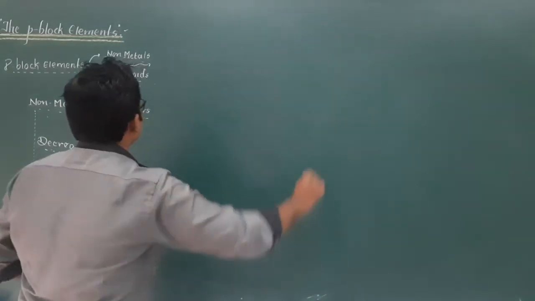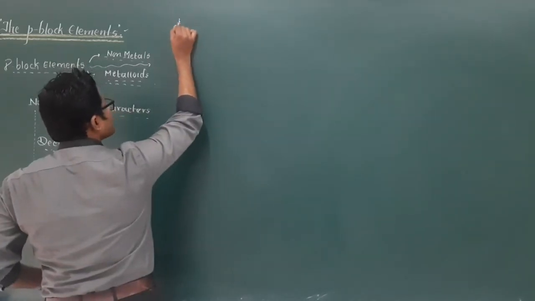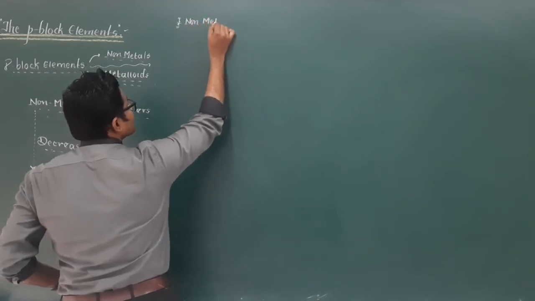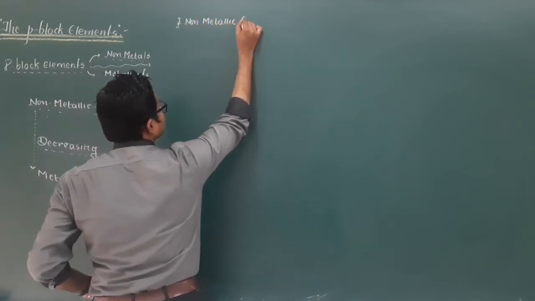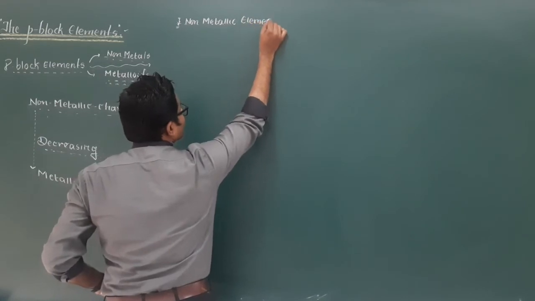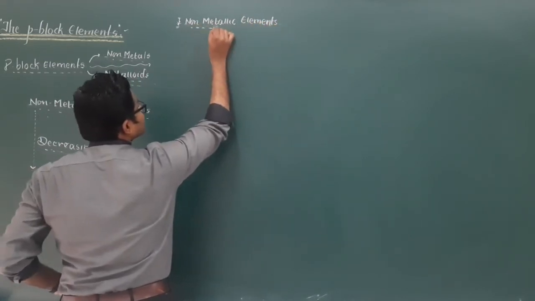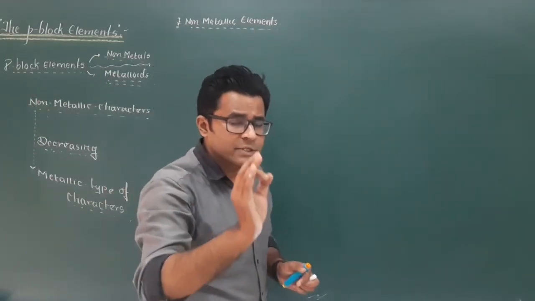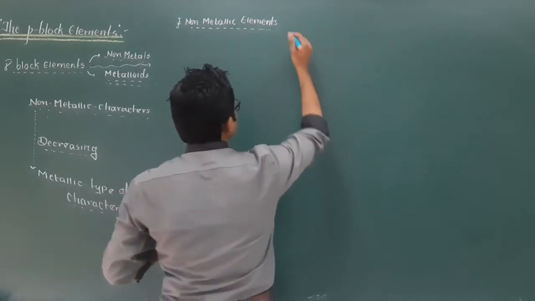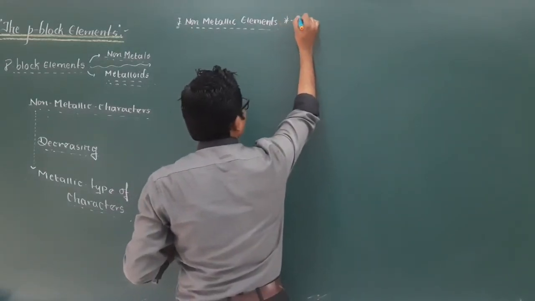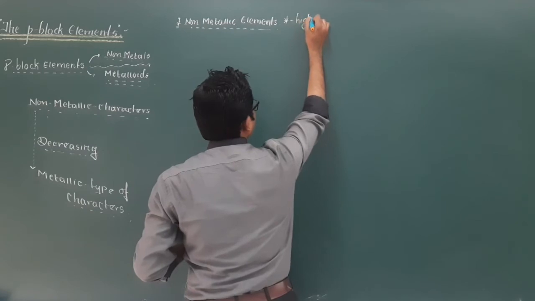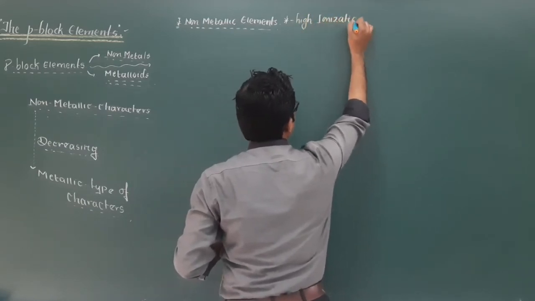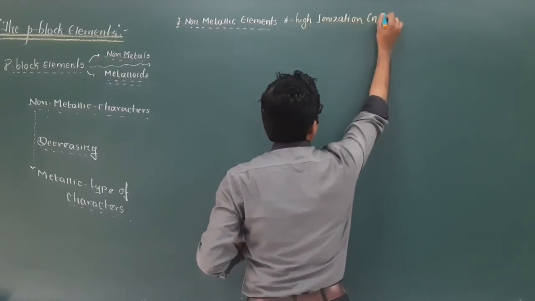Therefore, when we observe non-metals or non-metallic elements, what we find in this particular case is that the first and foremost character of non-metallic elements is that they have very high ionization enthalpy.